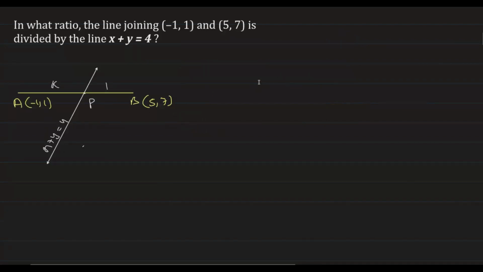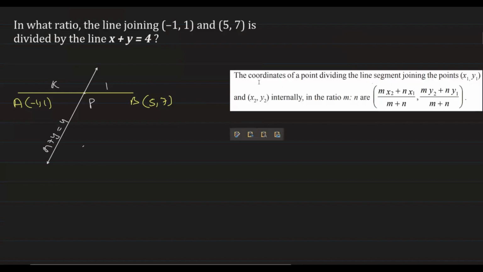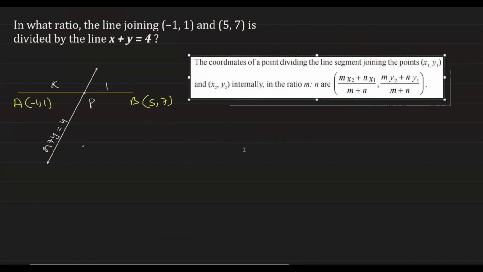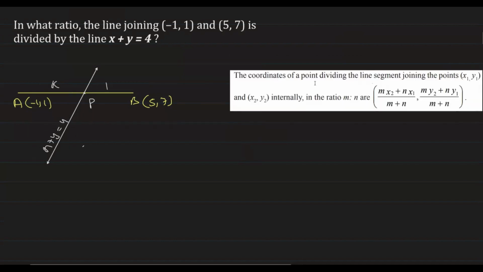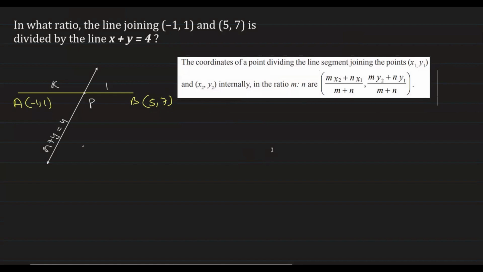Now, what we are going to use is the formula which you have done here, that's the section formula. The section formula you can apply to get the coordinate of point P. So the P here, let's say I took this as x comma y, using this relation, that is mx2 plus nx1.